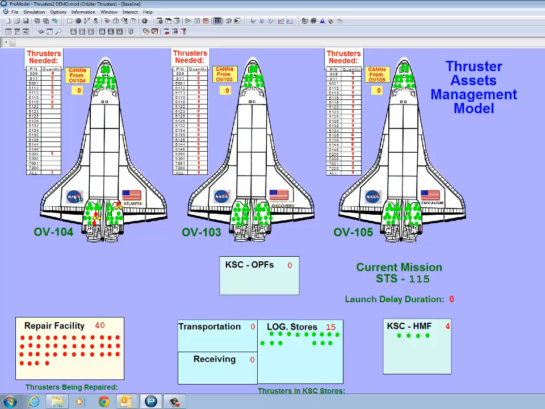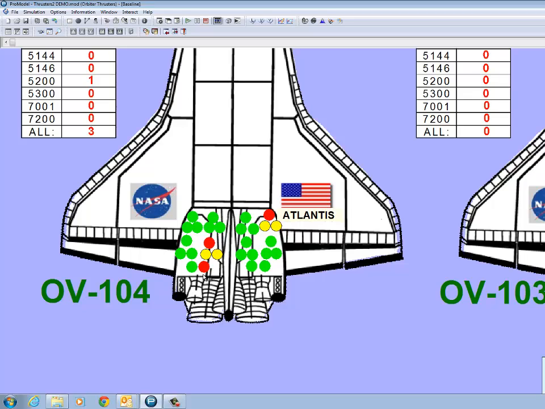In this case, we see that 3 red dot entities represent failed thruster motors after this mission was complete. The yellow entity spots represent other thruster motors that also have to be removed because they're on the same manifold with the failed thruster motor.